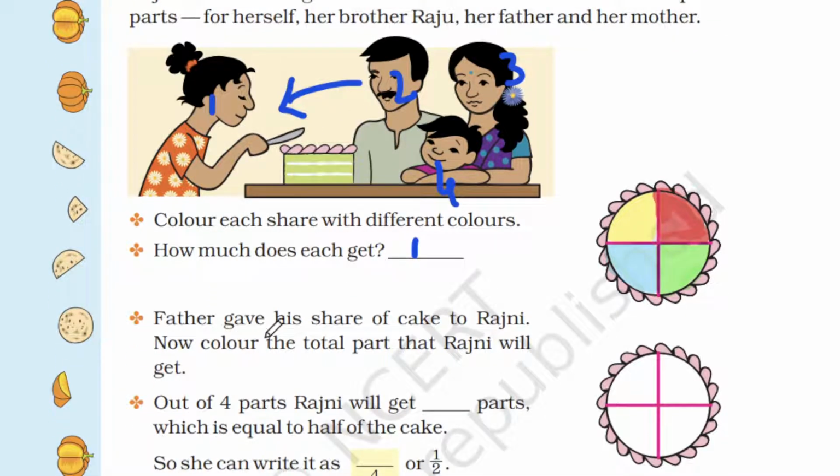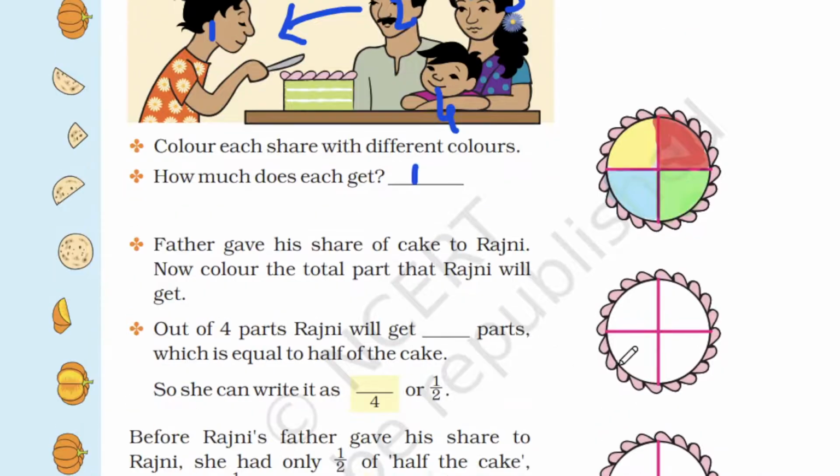Now color the total part that Ranjini will get. So Ranjini already has one piece of cake, right? The yellow one. So let me color the yellow. So she already got one piece of cake. Let me color. And what happened?